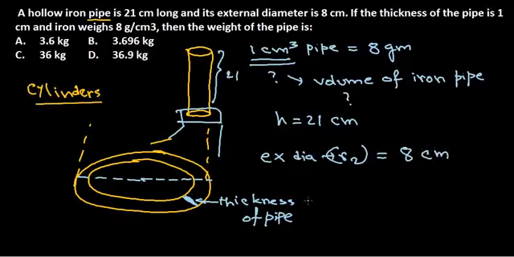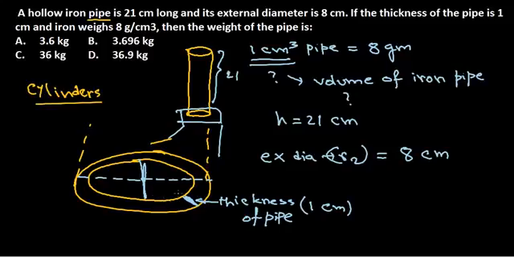And this thickness is also provided as 1 centimeter, right? Now if we exclude this thickness from the external diameter, we will get what is called the internal diameter, right? We can get the value of internal diameter here.